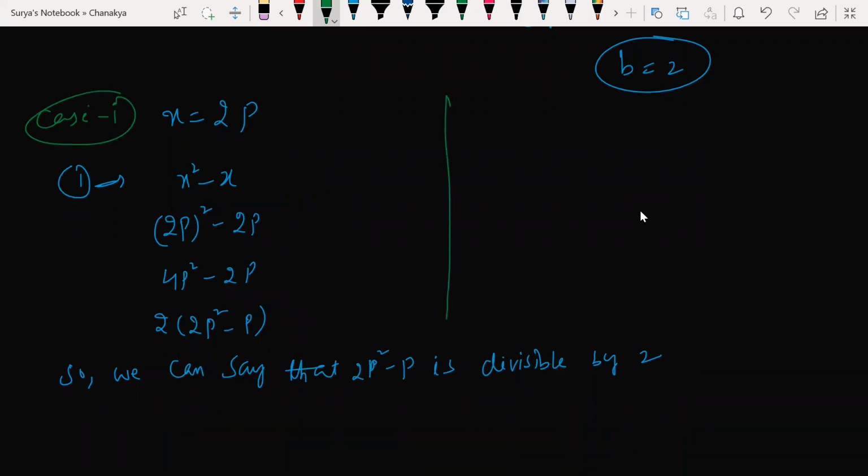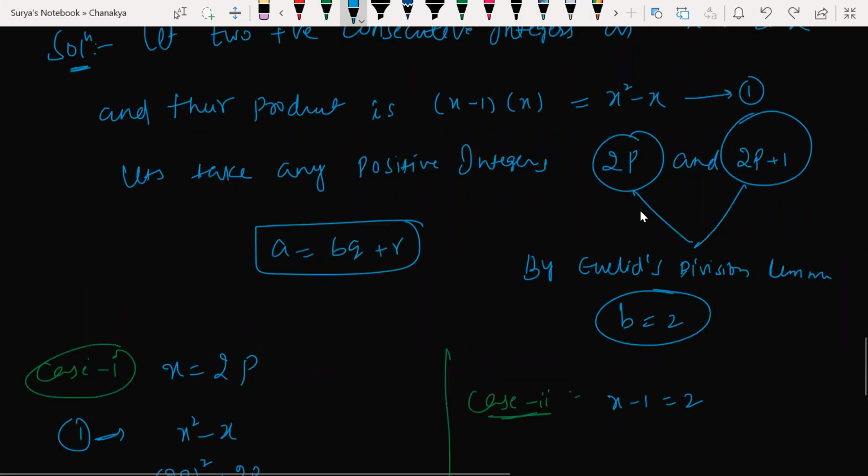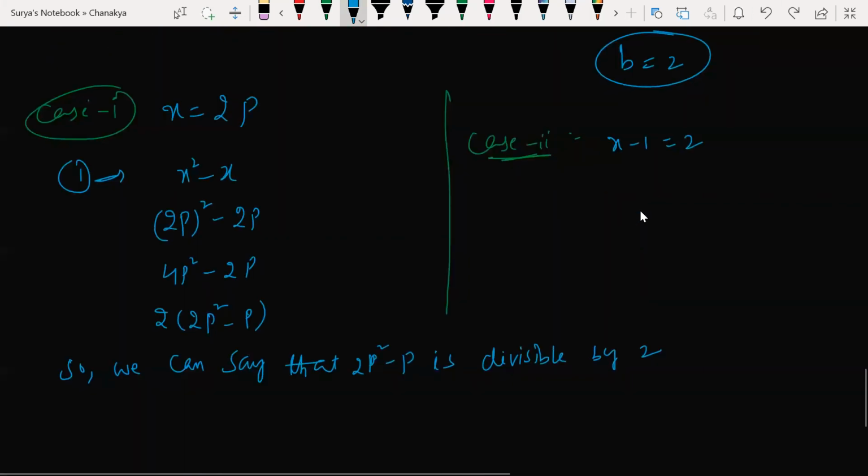What is case 2? x minus 1 is equal to what we had, beta? x minus 1 is equal to what? 2p.